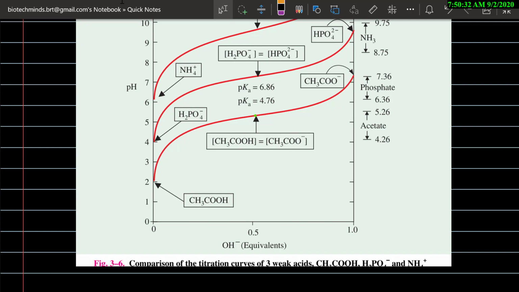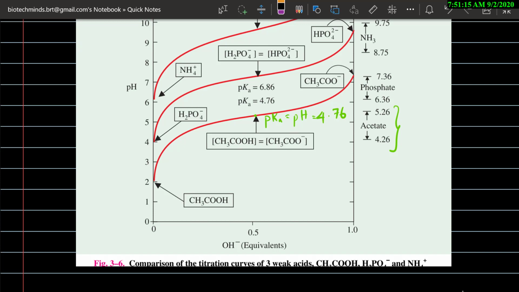Now for this pH, the buffering action would be in the range of 4.26 to 5.26. Here pKa is equal to pH, and the pKa value for acetic acid is 4.76. Now you can see the buffering range, 4.26 to 5.26.